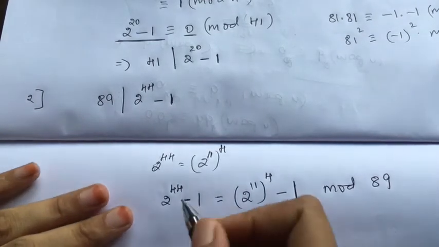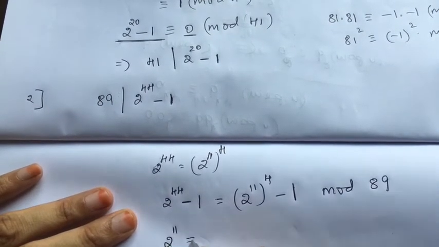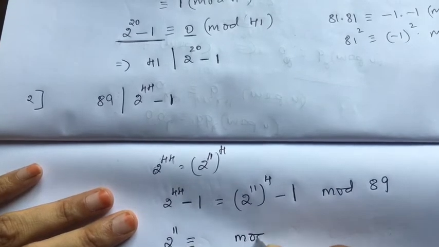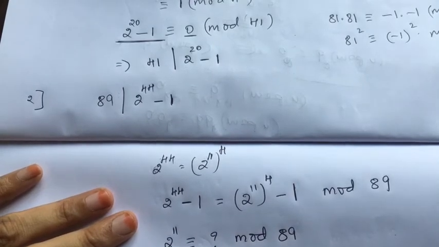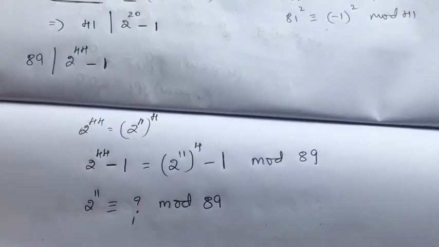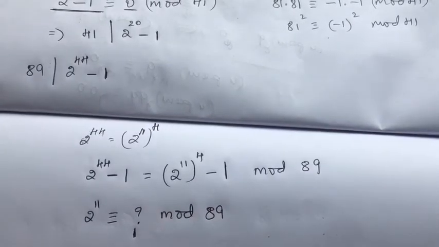Okay, this 2 to the power 11 is congruent to what value mod 89? In fact, this value is 1. I'll tell you how to get it.